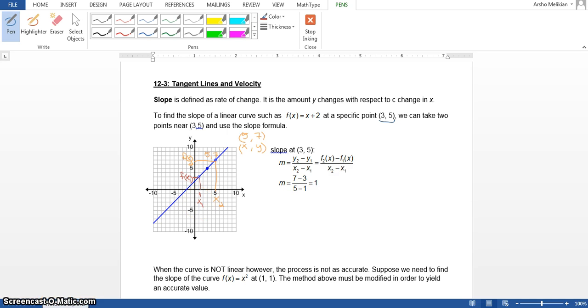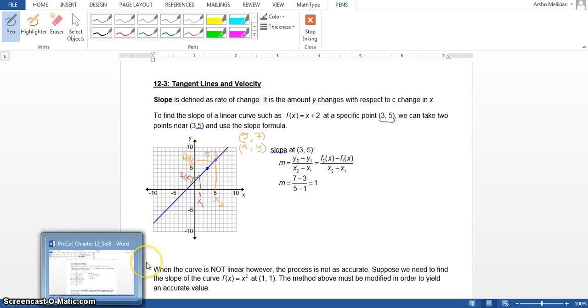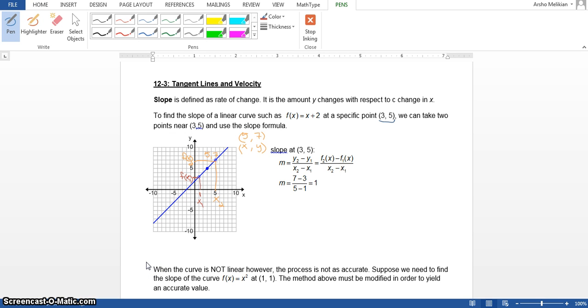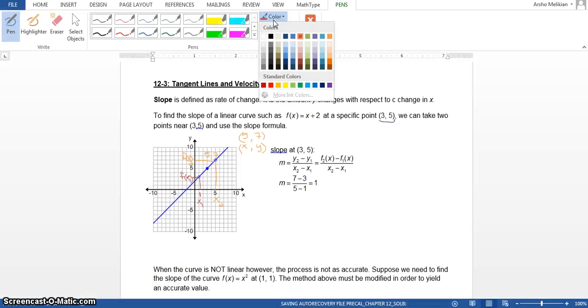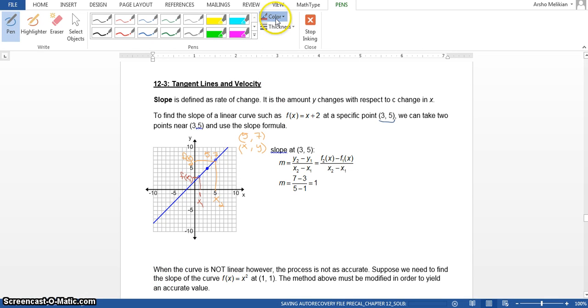That's going to replace our y1, y2 from now on. Now, what I'm going to do is find the slope between those 2 points. And when I find the slope between those 2 points, it'll be the same as the slope at this particular point. Okay?